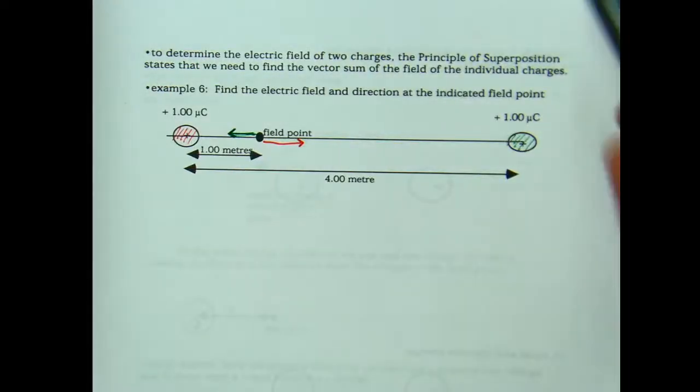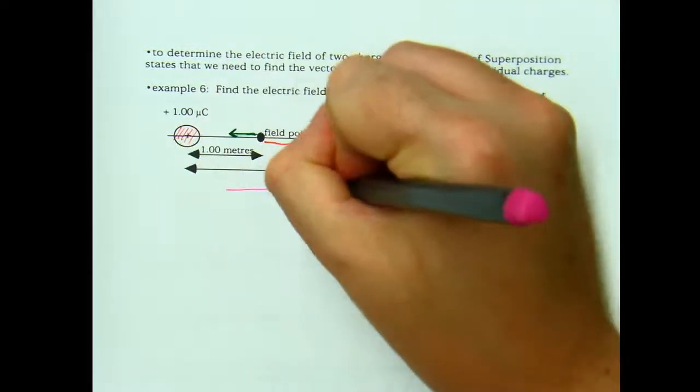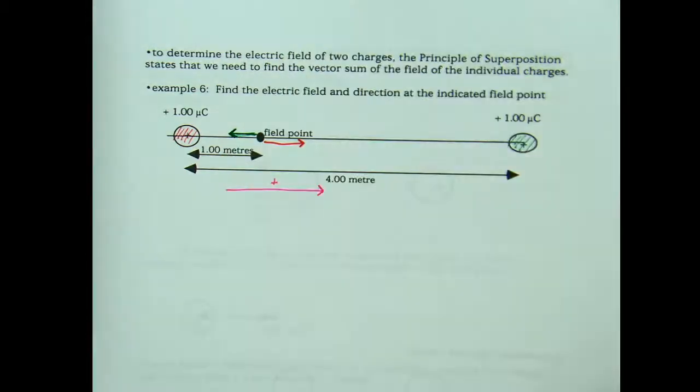And so we have to figure out what these two are. We've got to add them together appropriately. At this point, I think it's proper to determine what direction we want to call positive and what direction we want to call negative. Let's call it that way, a positive direction. Let's figure this out.